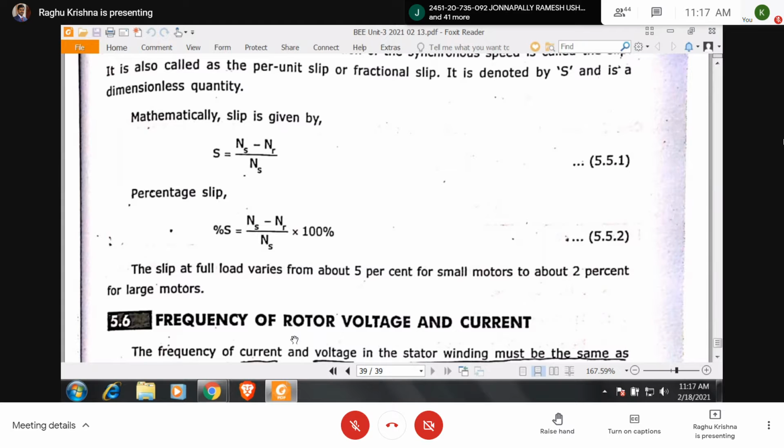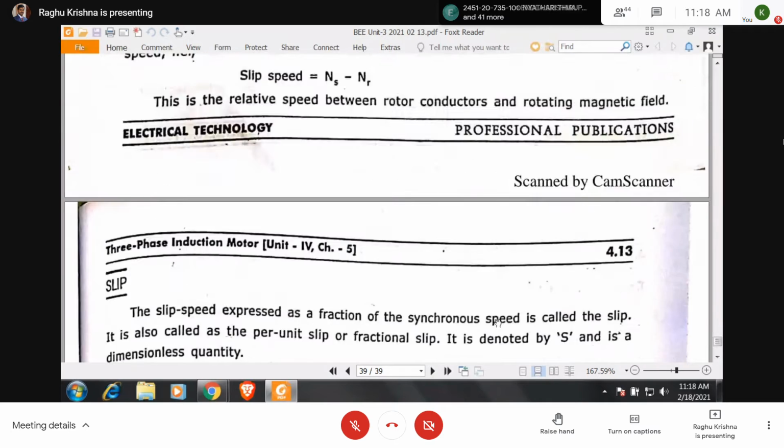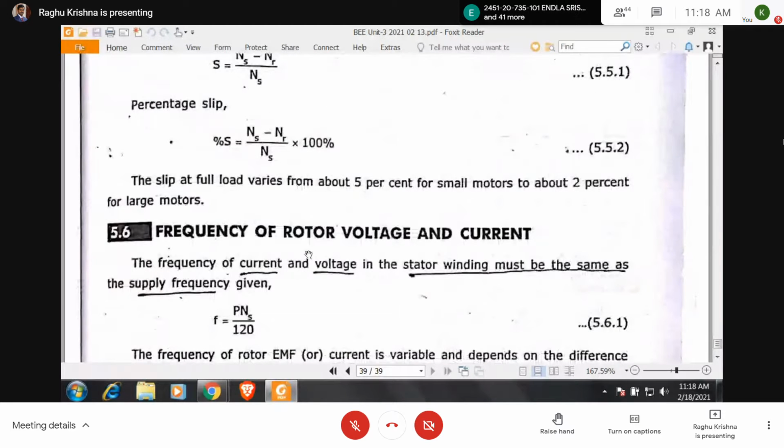So next, coming to the frequency of rotor voltage and current. The frequency of the rotor voltage and current depends upon the speed of the rotor. The frequency of the stator current and voltage will be equal to 50 Hz. Here we are talking about the frequency of rotor voltage and current.